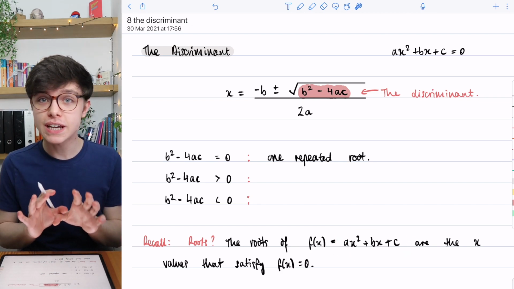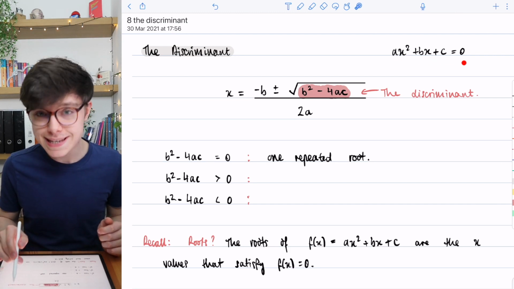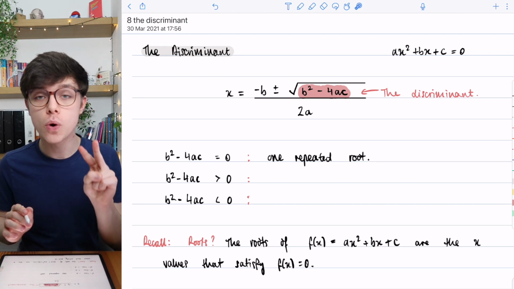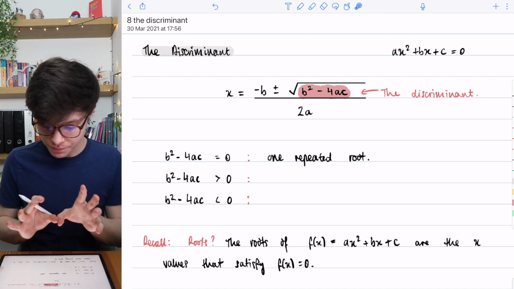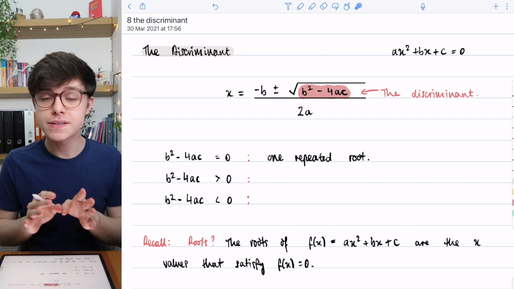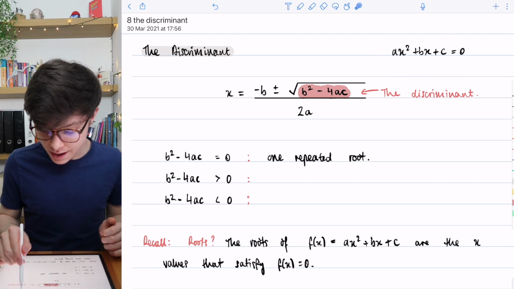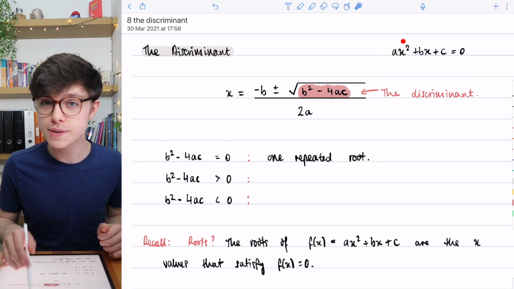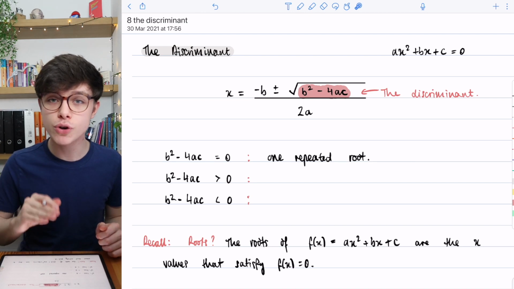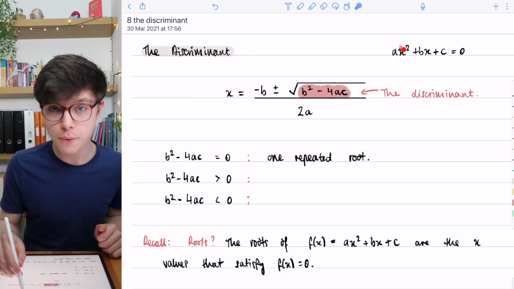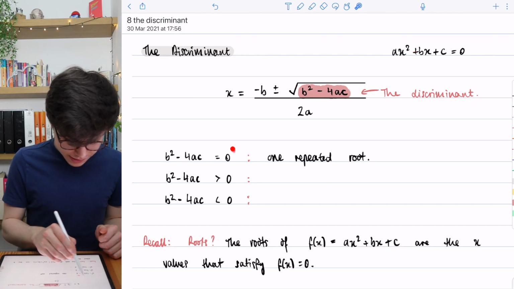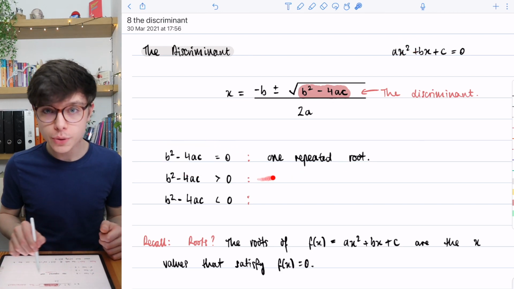In a previous video, I also mentioned that a quadratic always has 2 roots, because the highest power is 2, so it always has the same number of roots, or solutions, as the highest power. So when it's equal to 0, we have 1 repeated root.